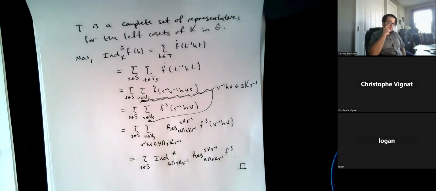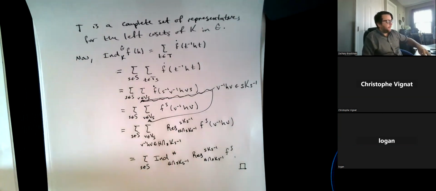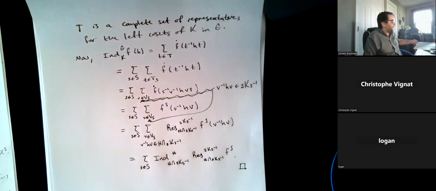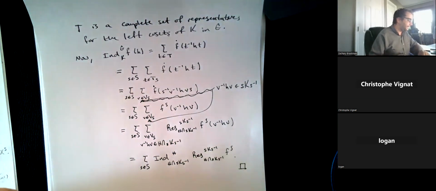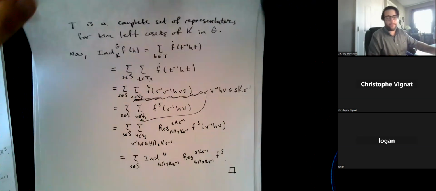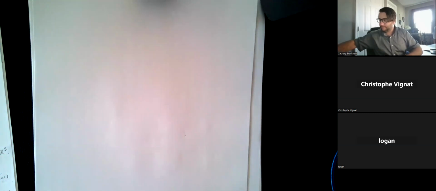Whew. Okay, and that completes the proof. All right, so that is a theorem of Mackey, atrocious notation, and a proof that was probably very hard to follow. It was for me. But from this thing, the point, this is not really the main result.